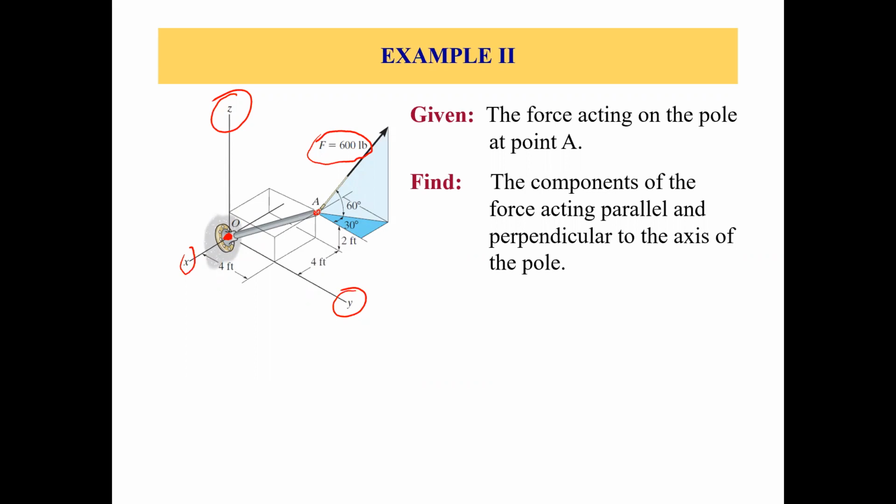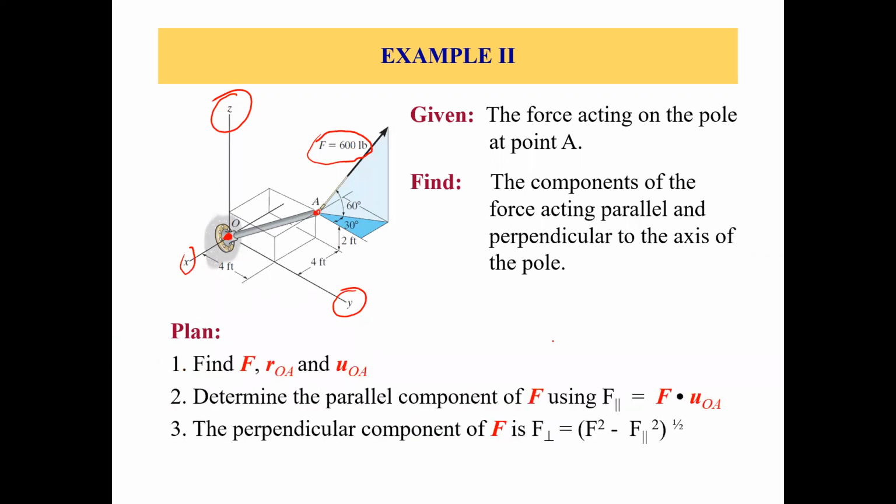So we need to find the components of this force acting parallel and perpendicular to the axis of the pole. If you remember, we just discussed during the last part of the lecture how to find the parallel and perpendicular components, so we'll do the same.